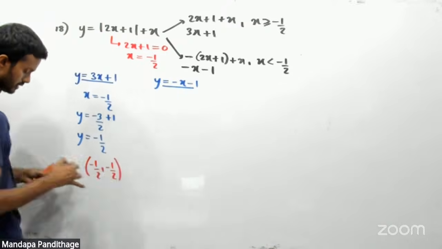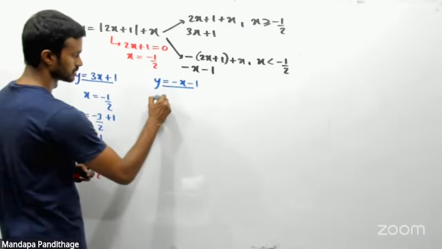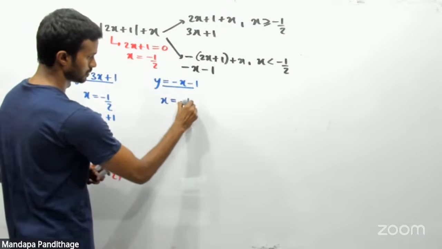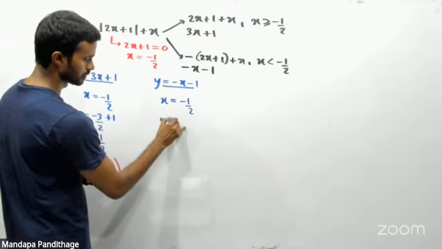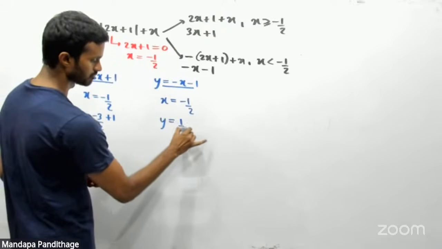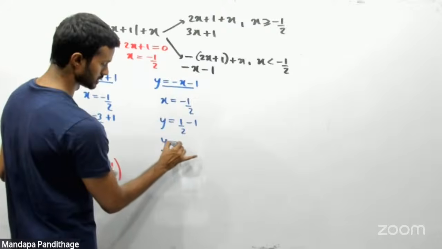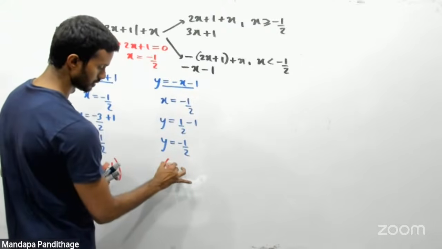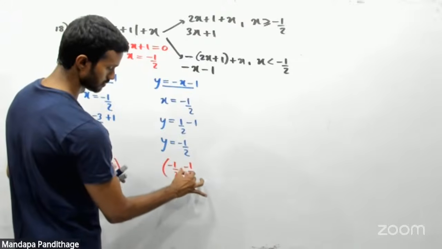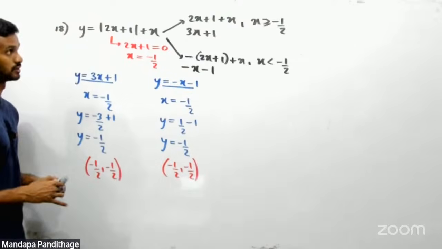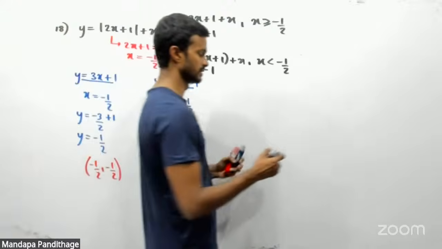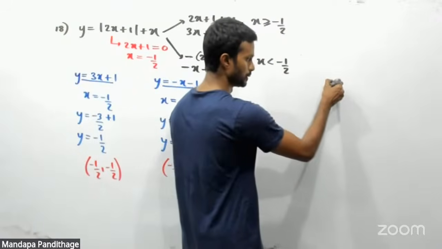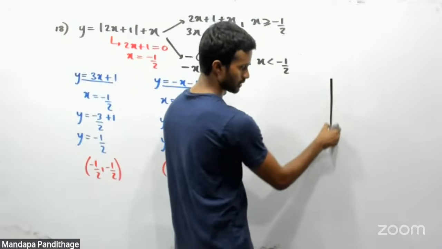In the second, substituting x equals minus half, y equals plus half minus 1, which is y equals minus half. So again you have minus half, minus half. Now, the gradients are different. Now look at this.